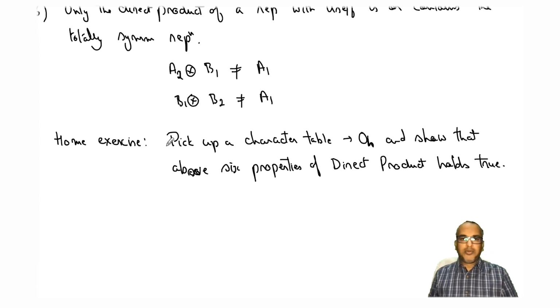Okay, so that can be easily done. So just go find a character table. If you don't have any book, you can just Google character table octahedral point group, and Google will spit out the character table, and just use that character table to see if all the above 6 properties are verified using any of these character tables. Okay, so that is your home exercise.